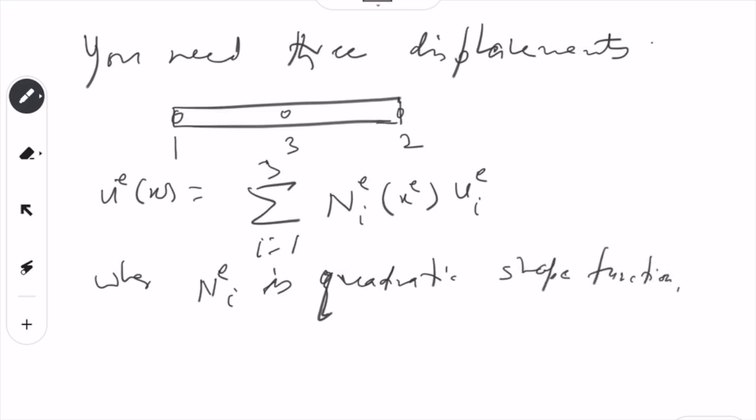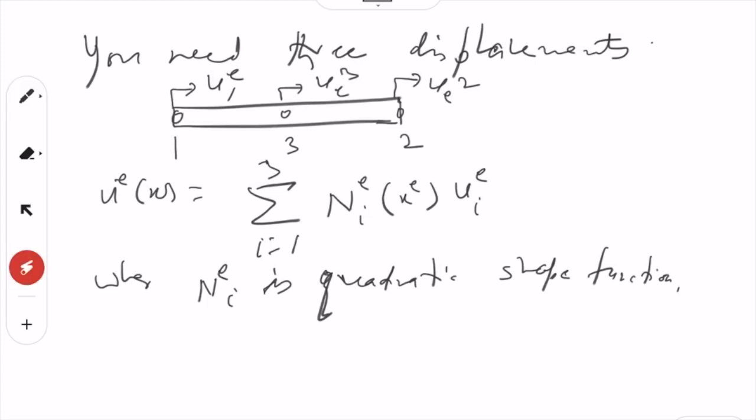Now you can do it, because now you have 3 displacements or 3 parameters inside the u, and hence it can fit any quadratic solution. So this is u1^e, u2^e, and this is u3^e. So this should now work.